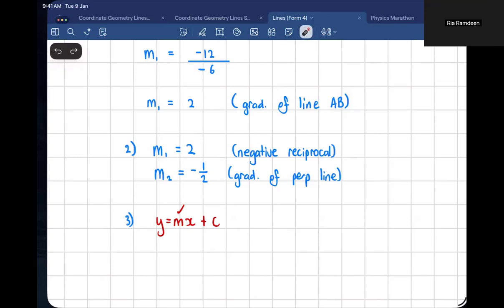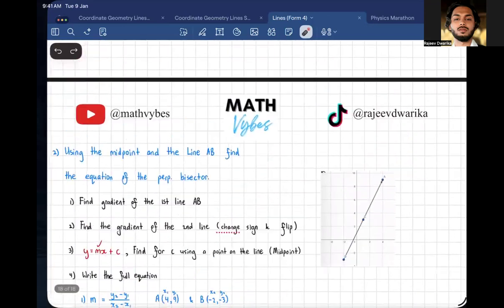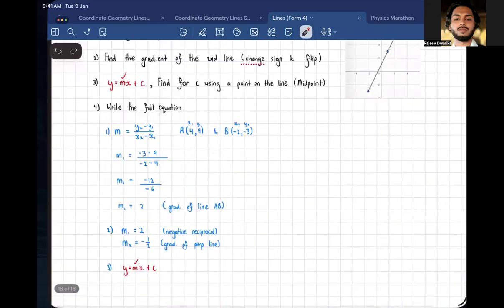Okay. So by taking a point, which would always be the midpoint in this situation, and plugging it into the equation. Correct. But do we have the midpoint? Yes, we do have the midpoint. The midpoint is 1, 3. Nice.